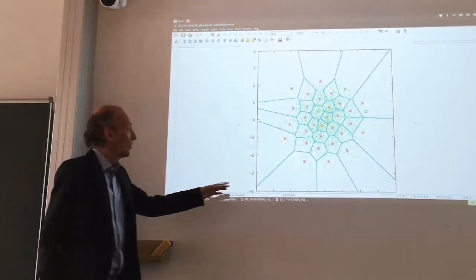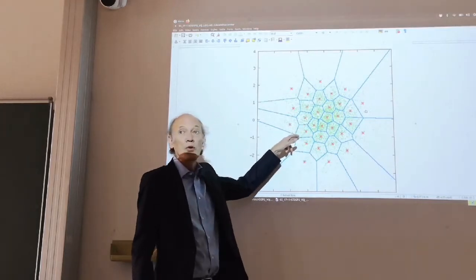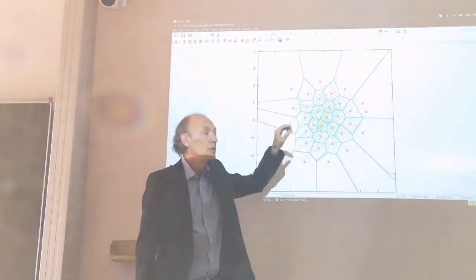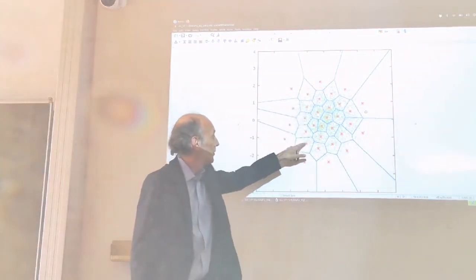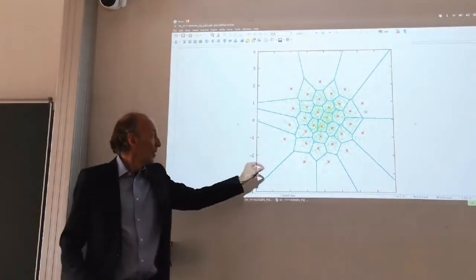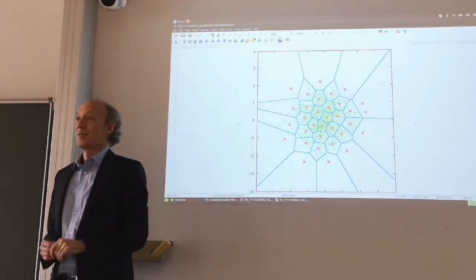The blue lines are the boundaries of our Voronoi regions. Each of those blocks is a Voronoi region. The red stars are the code vectors, and the green dots are the signal vectors. Make sense?